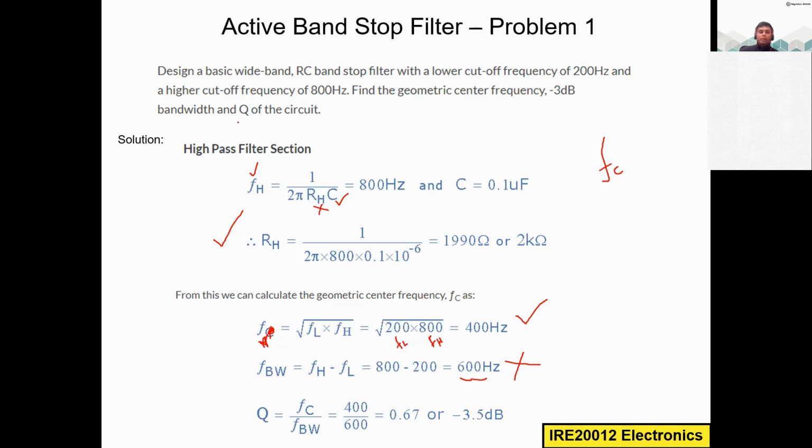So here you can see one more new term. It's called the Q factor, quality factor. So what is the formula for this quality factor? Q is equal to FC, that is the resonant frequency we already found here, divided by the bandwidth. What is the bandwidth? This is the 600 hertz. So you have to just use this formula, 400 divided by 600, then you will get this one.